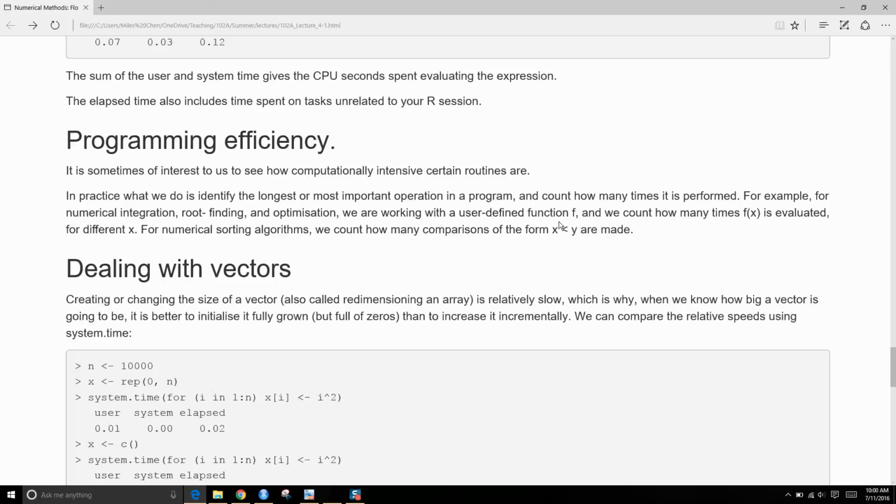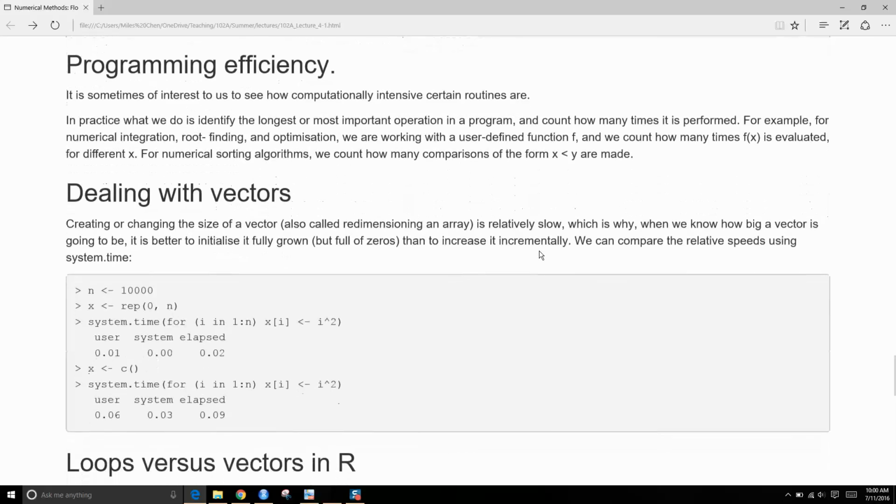And so we want to count how often we have to evaluate that function f. If we're sorting something, we want to count how many times we have to compare one value to another, x versus y, in order to do the sorting, okay?